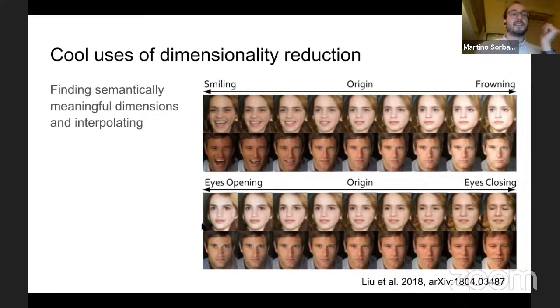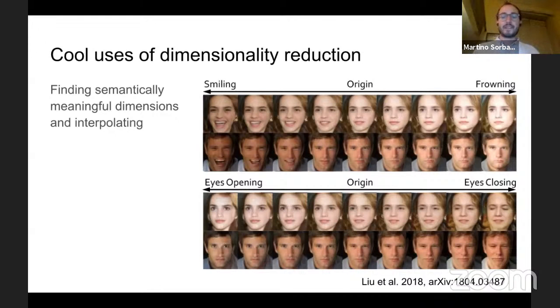The reason you find these is that these are variables that exist naturally in our datasets, in our pictures, and are independent of every other, right? You can open and close the eyes independently of the size of your nose or whether you have glasses or not.